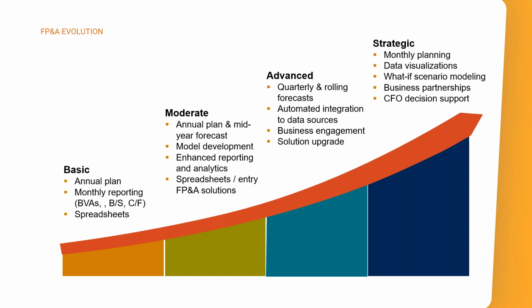So then we move into the advanced. And this is where we see clients are doing ongoing forecasting. They're leveraging other solutions. The second one, they have an automated integration between their ERP and other data sources and their FP&A or CPM solution. And this is really going to help you because you're no longer downloading into spreadsheets and analyzing in Excel or Microsoft Access.